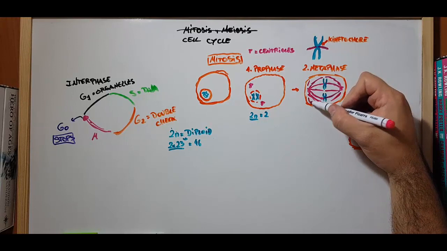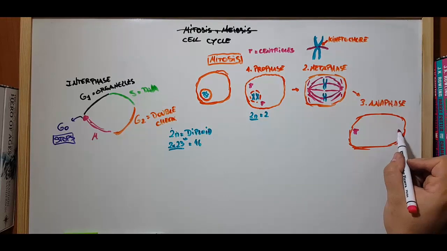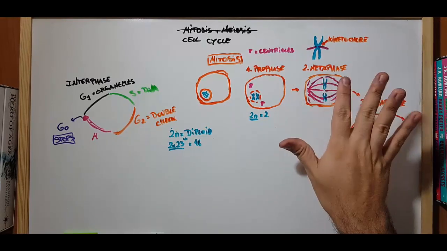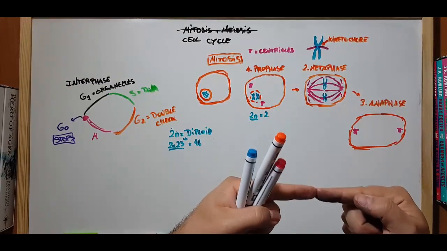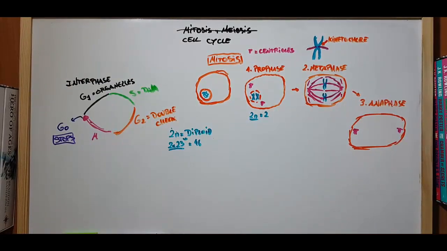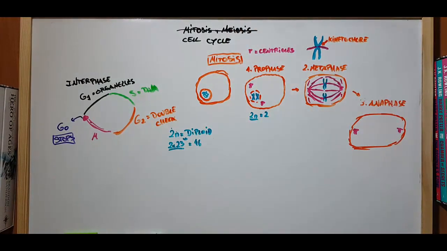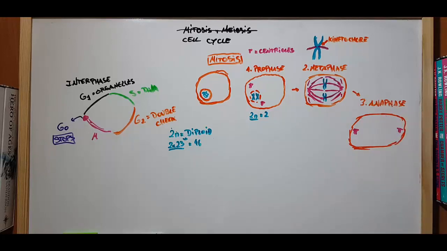And in order to keep the cell in place, we're going to have yet another kind of microtubule. Those are called astral and polar microtubules. The astral are going to be the ones that push against each other in order to make it longer, and the polar microtubules are going to be in the poles, and they're going to keep the actual shape of a cell. Okay, so anaphase is super simple.